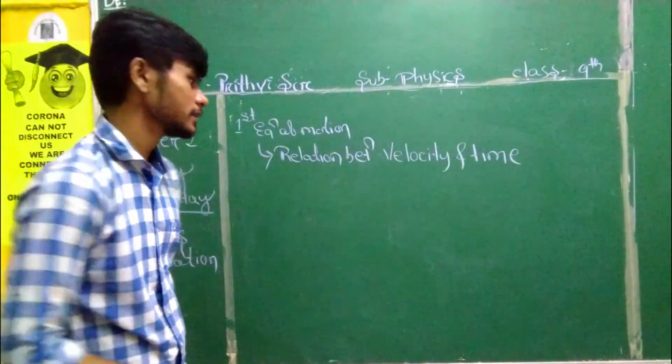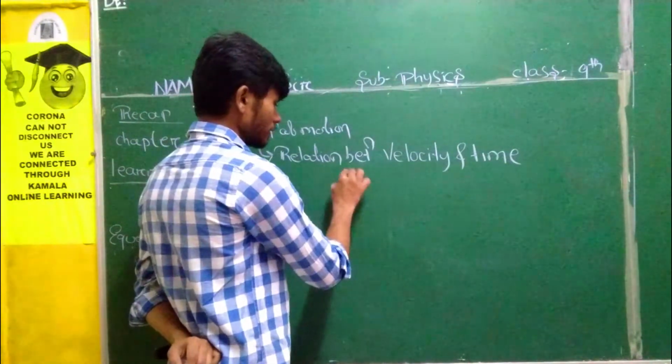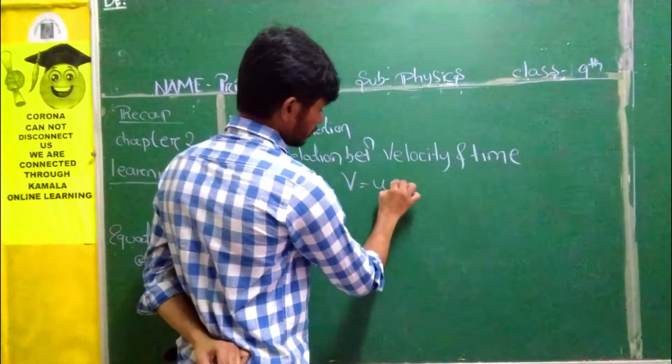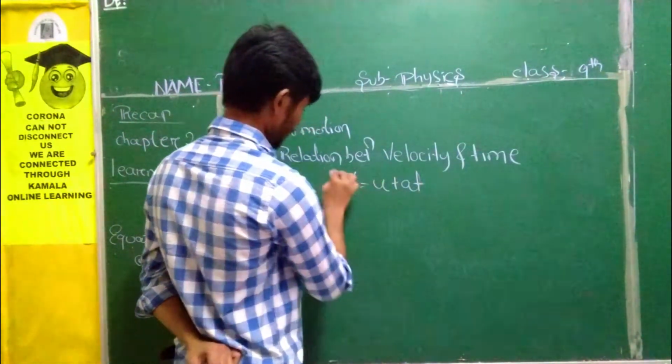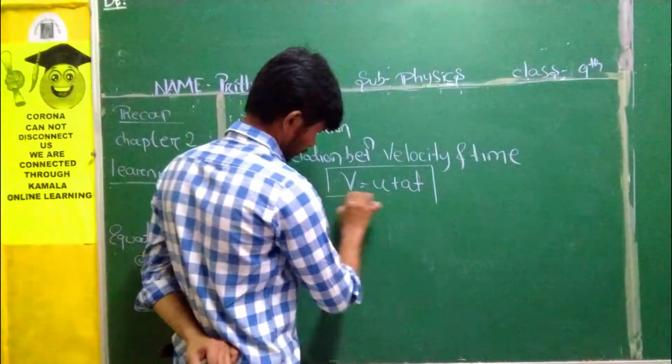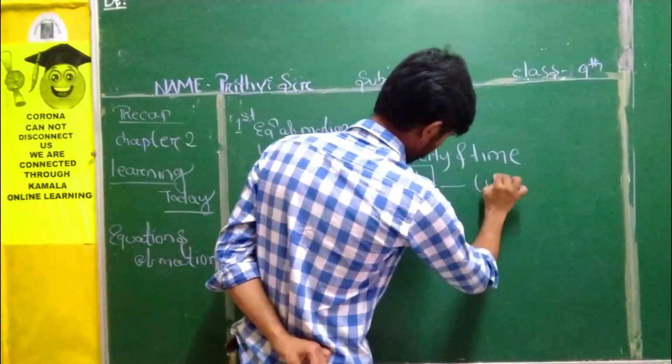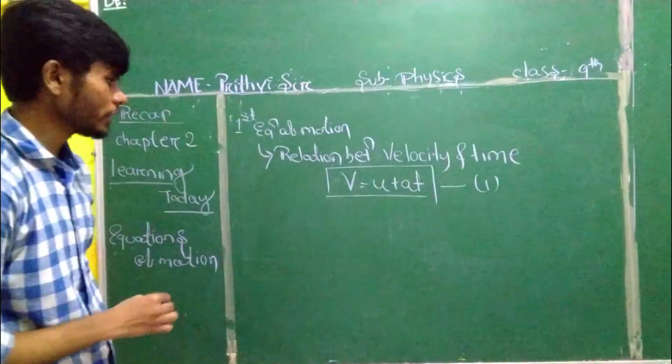And the answer we got is V is equal to U plus AT. This was our first equation.